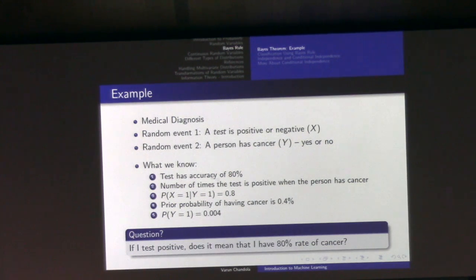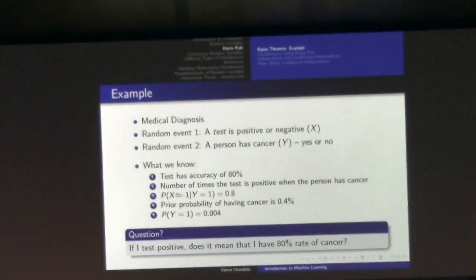So let's say you know these things. Let's say you know that the test has an accuracy of 80%. Now, what does it mean in terms of conditional probabilities? 80% means that the probability of x equal to 1 given y equal to 1 is 0.8, right? Because x equal to 1 means this person has tested positive, given this person actually had cancer.